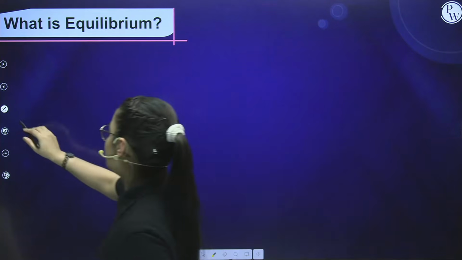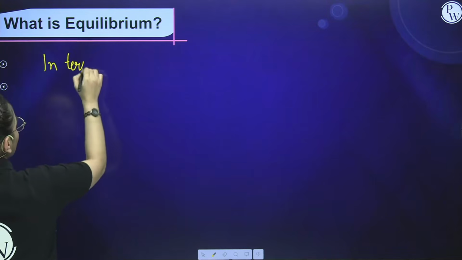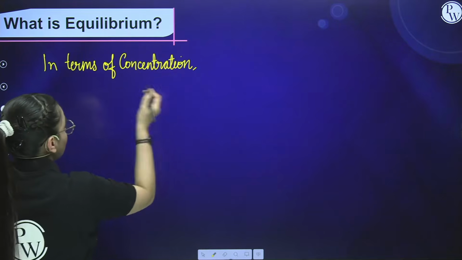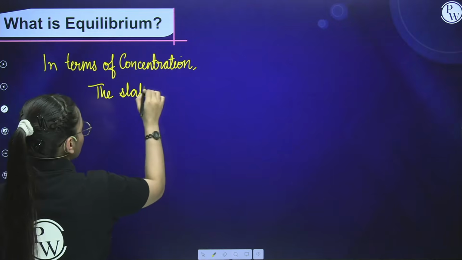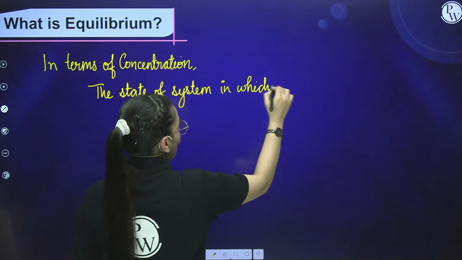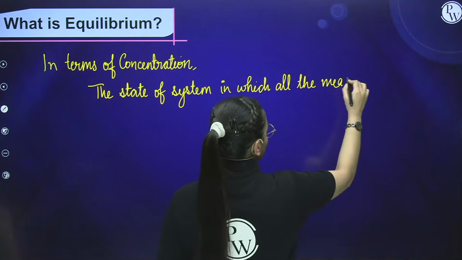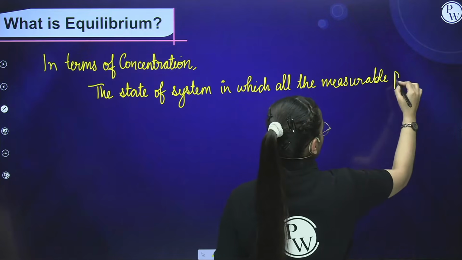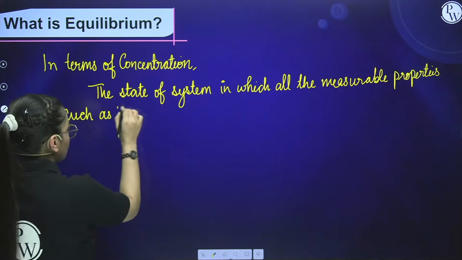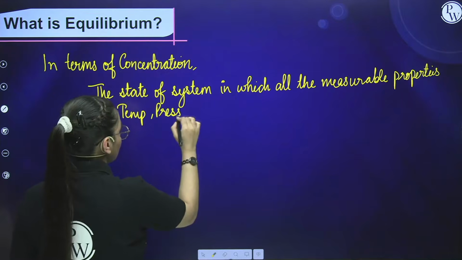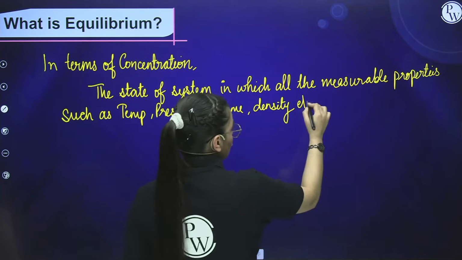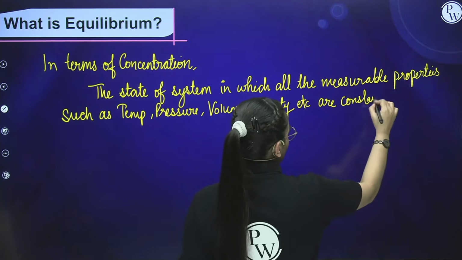So shall we write this? In terms of concentration, if we want to define equilibrium, it would be the state of the system in which all the measurable properties such as temperature, pressure, volume, density, etc. are constant or come to a constant state.